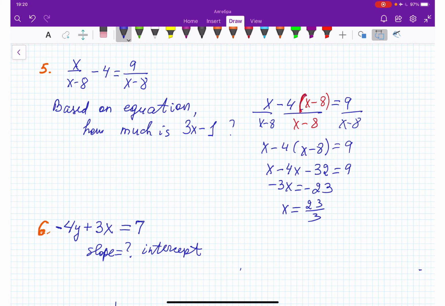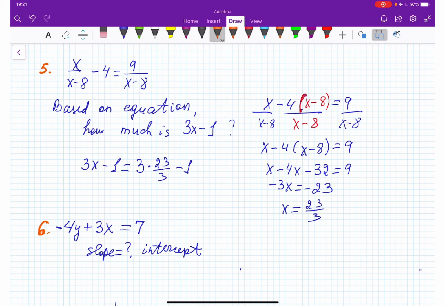Once x is equal to positive 23 over 3, now we can write down that 3x minus 1 is equal to 3 times 23 over 3. I'll write it in blue color. 3x minus 1 is equal to 3 times 23 over 3 and minus 1.